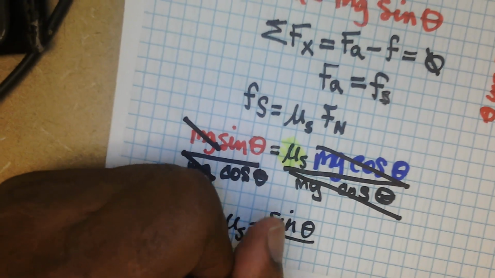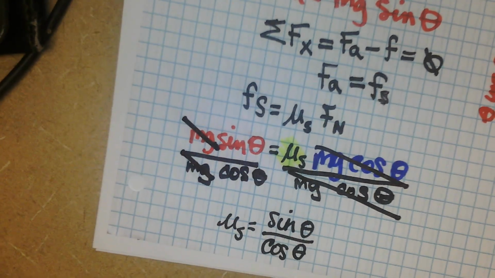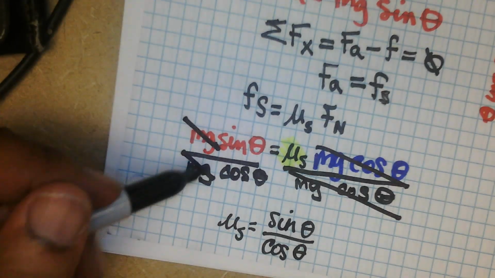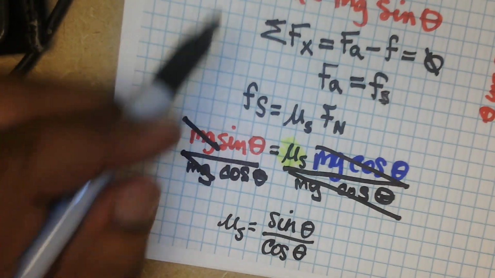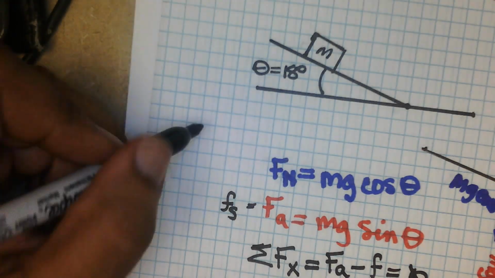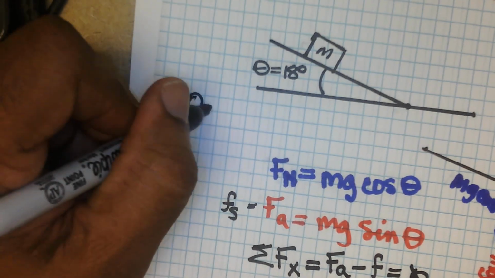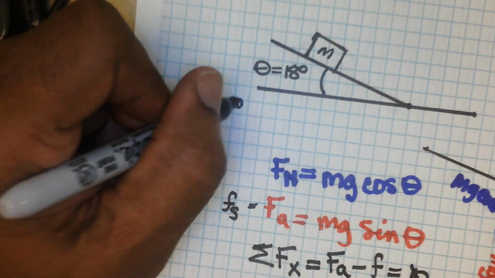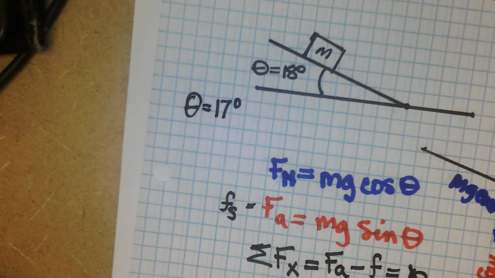divided by cosine theta. So once you have your angle, and let's say it started moving at 18, the angle that you're going to write for your data is going to be the one right before that, 17 degrees.